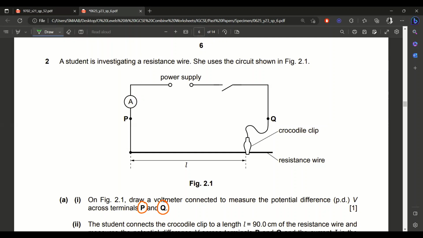So we connect one voltmeter over here in parallel, because one side is connected to the resistance wire and the second wire is connected to the power supply. The same goes over here: one is coming from the power supply, the second is connected to the resistance wire.